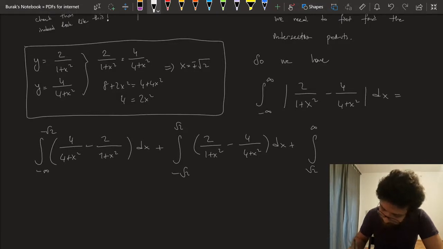And over this interval, root 2 to infinity, again, the bigger one is 4 over 4 plus x squared, so I have top minus bottom. And that's that.